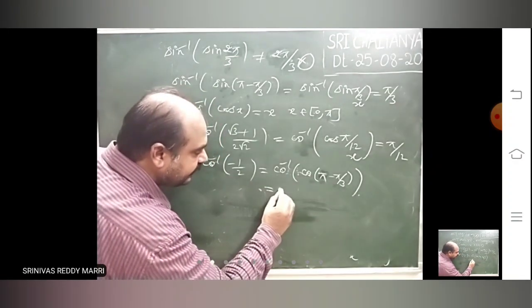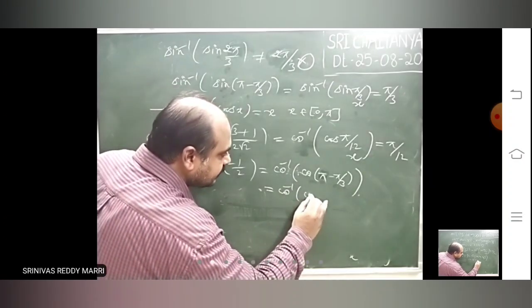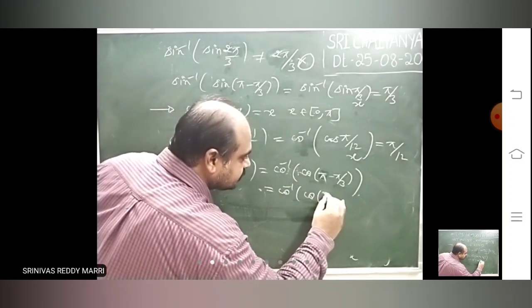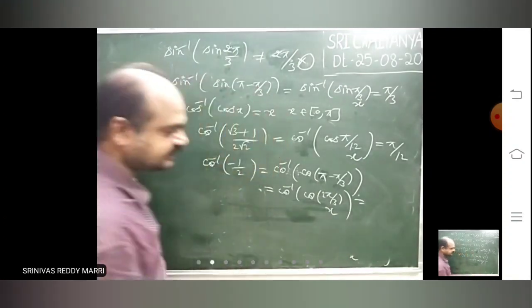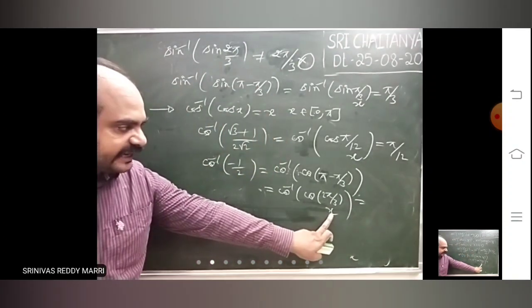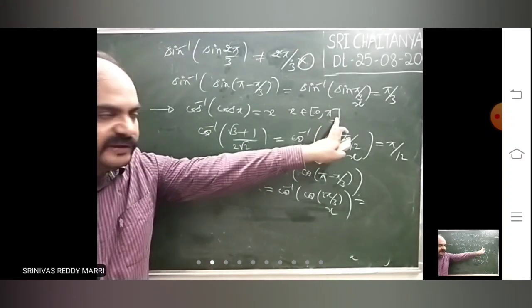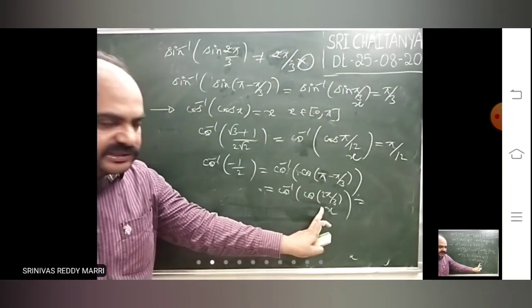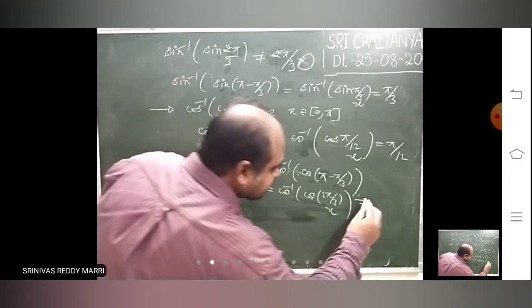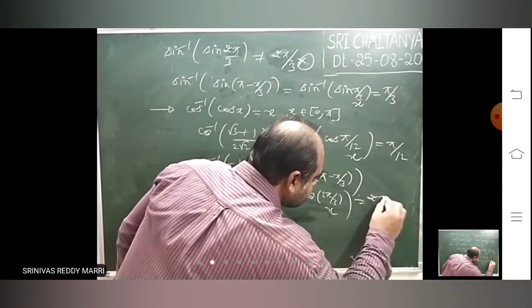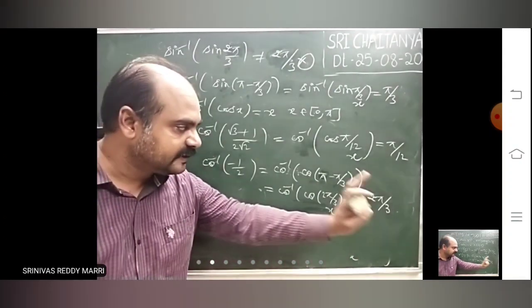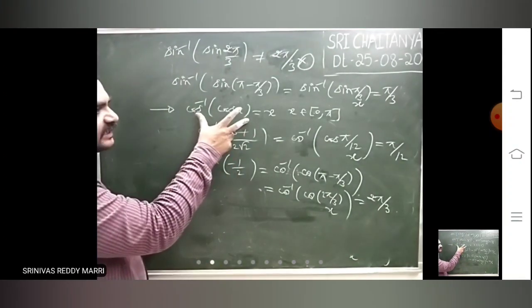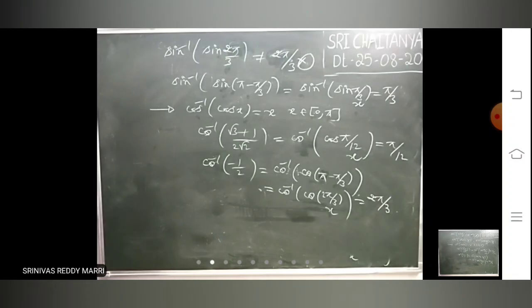That means this cos inverse minus 1 by 2, I can write as cos inverse cos 2 pi by 3. Now look at this x. That x is 2 pi by 3, that is lying between 0 and pi. So cos inverse cos x is what? X. So this angle is nothing but 2 pi by 3. Like that, cos inverse cos x is x when x lies in the interval 0 to pi.